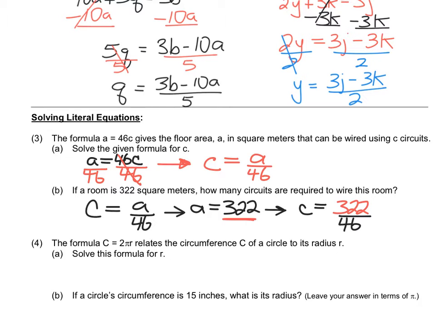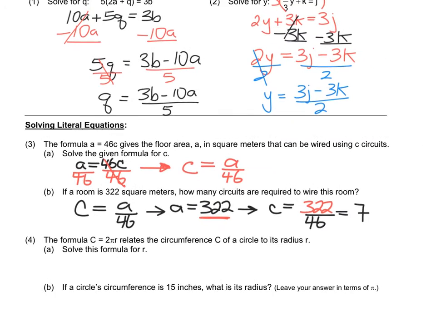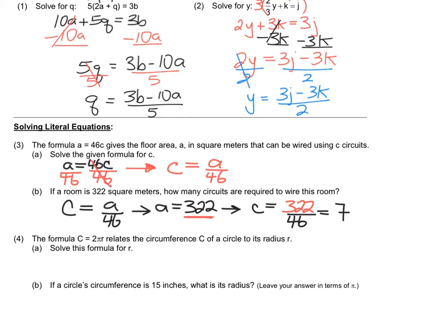Is it 7? Yeah. All right, so how many circuits? 7 circuits.